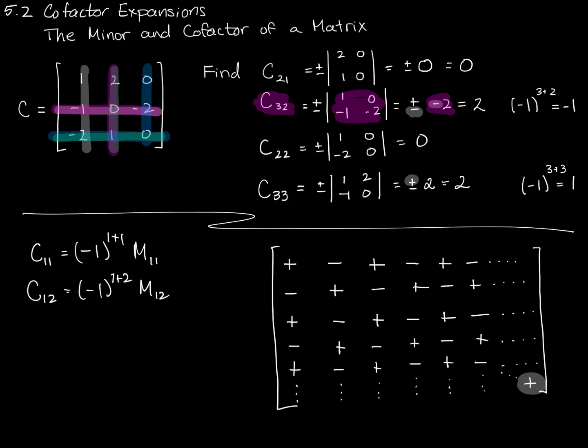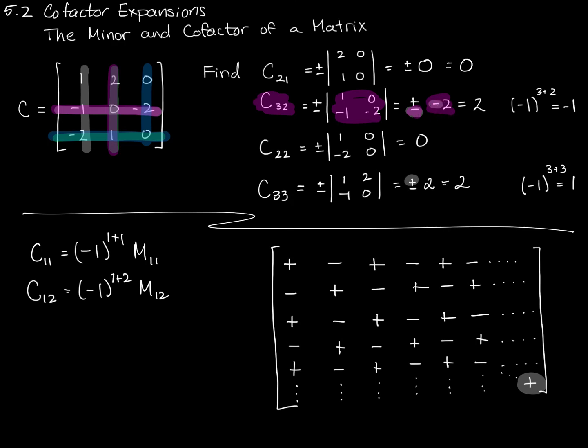Sorry, negative whatever the minor was. And that was a negative value. So we ended up taking the negative of this -2, which gave us a +2. So the value is not necessarily negative, right? The value that you end up with is not necessarily negative just because of the position it comes from in the original matrix. But its sign is determined by, in this case, being the opposite of what our minor was.